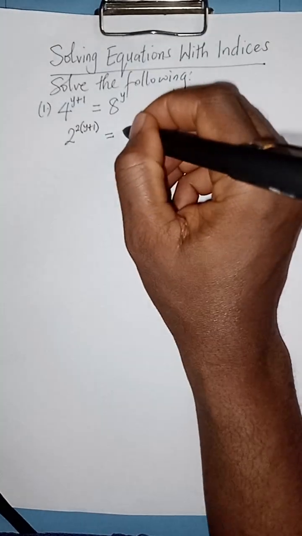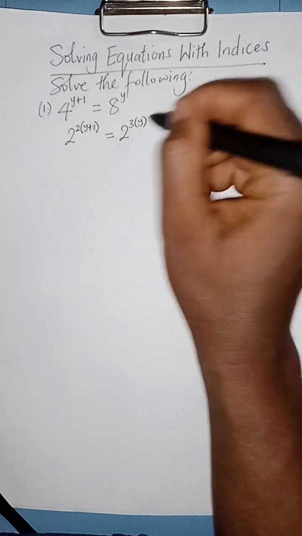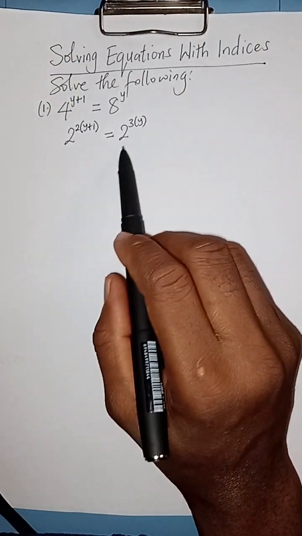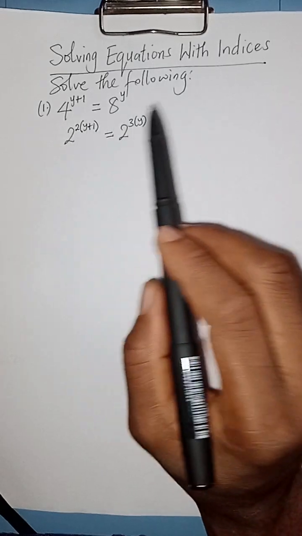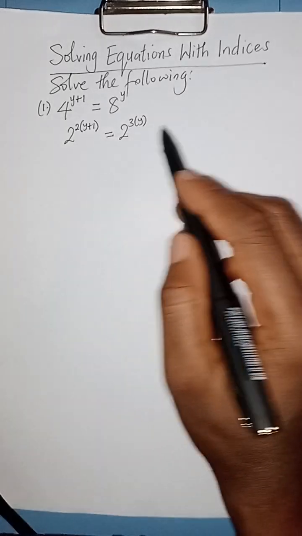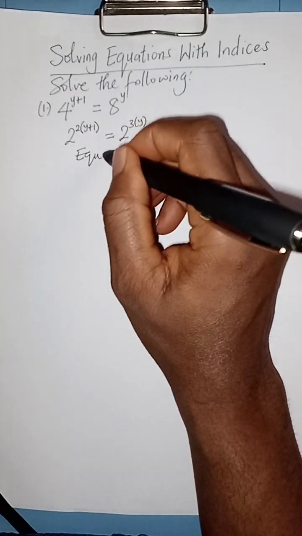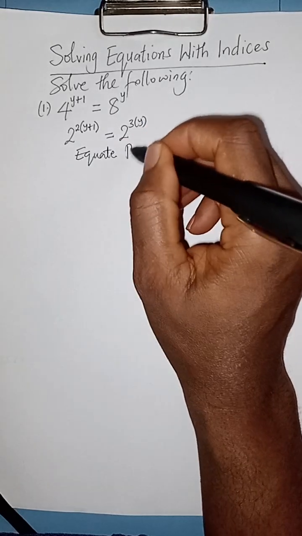And again, 2 raised to power 3 is 8, and then you open bracket for y. So you can see you've succeeded in making the left and the right hand side have the same base. So once you have these, it's easy for you to cancel out the base since they are the same, and then you equate powers.